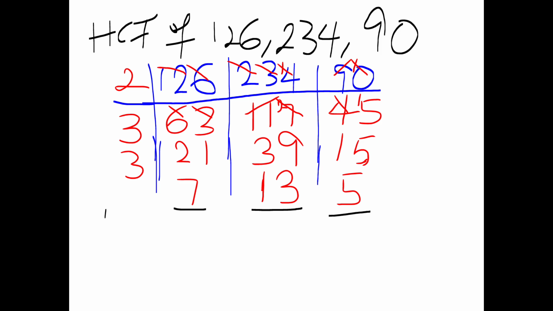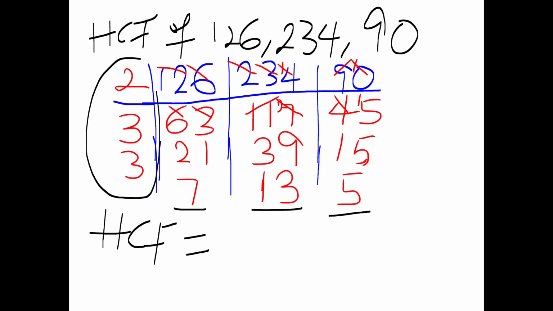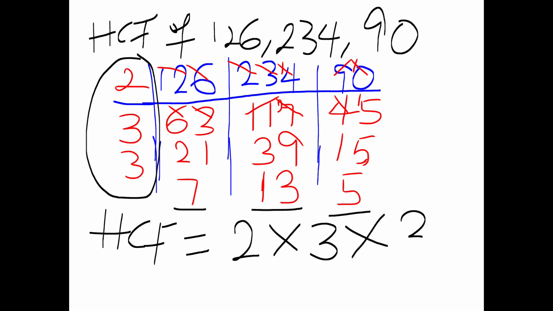Very good. So our HCF will be, we pack the numbers that we used to divide. We pack them together. So we'll be having what? 2 multiplied by 3 multiplied by 3. Very good. And what does that give us? 2 multiplied by 3 gives us what? 6.